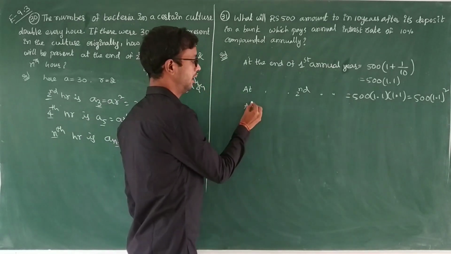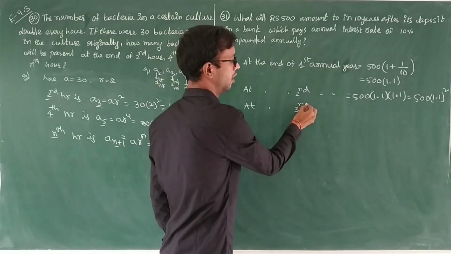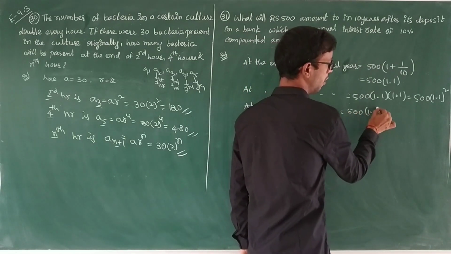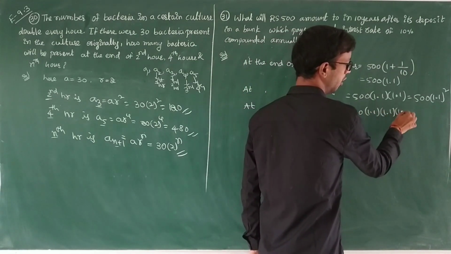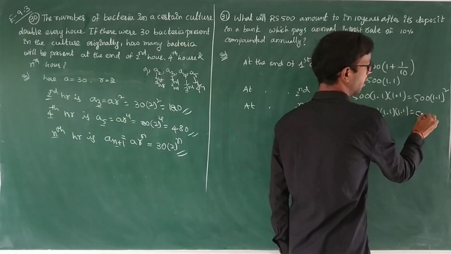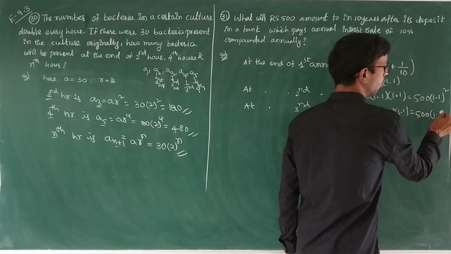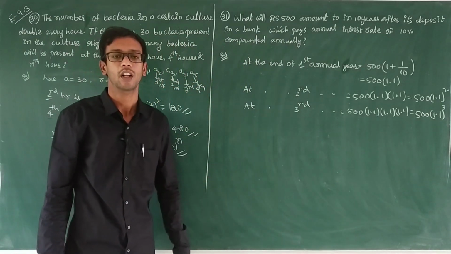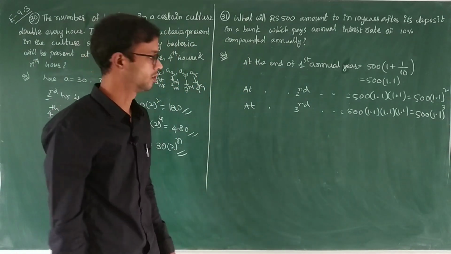Next, at the end of the third year, 500 into 1.1 into 1.1 into 1.1, that is 500 into 1.1 cubed. Every year you multiply by 1.1; this is compounding annually.